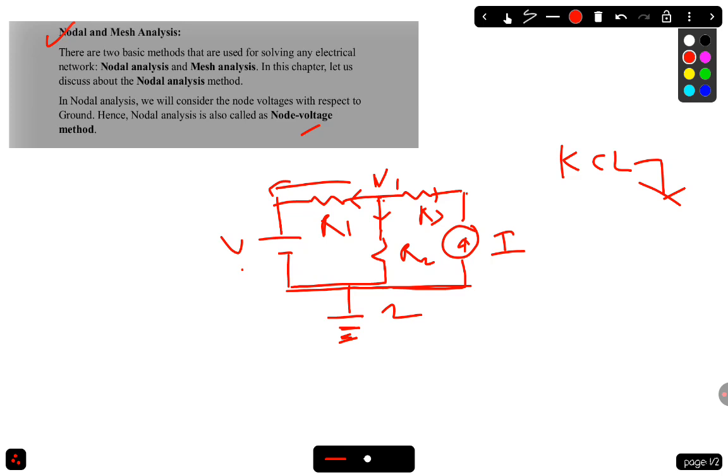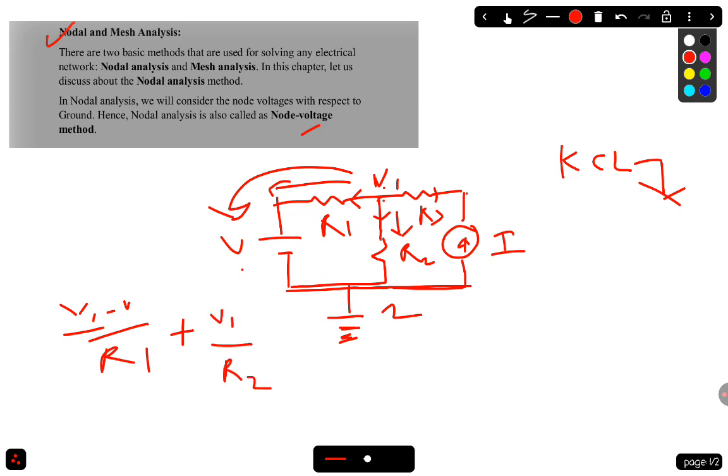So the current in this direction is V1 minus V divided by R1, plus the current in this direction, V1 minus 0 divided by R2, plus the current here. Here one current I is already flowing, but the direction of I is opposite to the assumed direction, so it will be minus I, equal to 0.